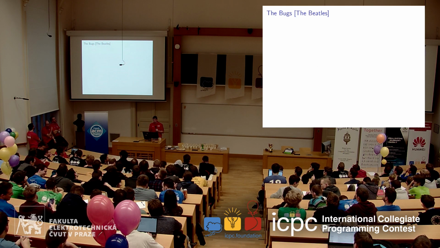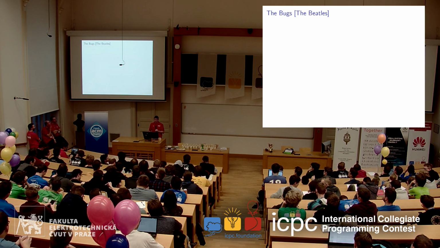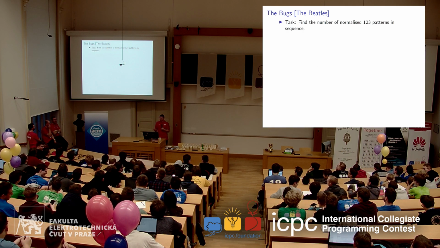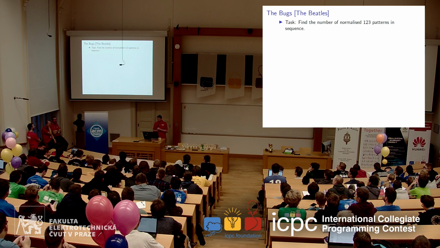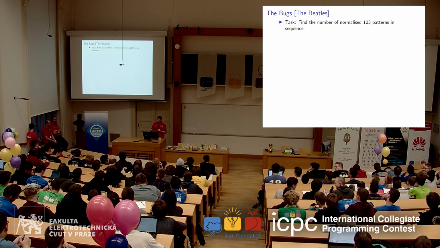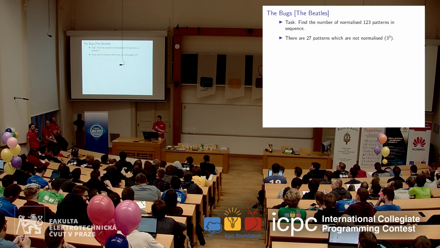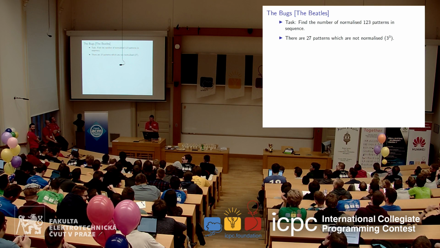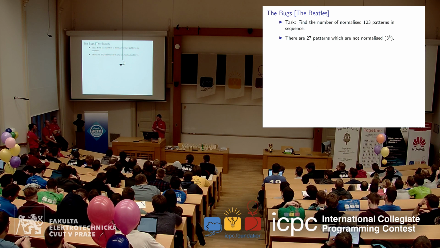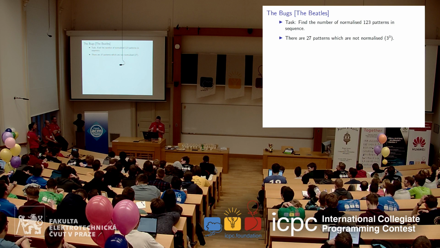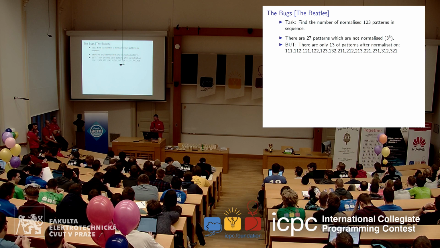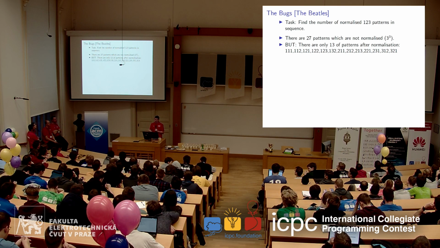Another problem was the problem of bugs, where the task was to find 1, 2, 3 patterns in an array, and we wanted only normalized patterns. So basically, if we don't normalize the patterns, there are 27 of them, since we can choose any number on any position, but if we take a closer look, there are only 13 patterns after normalization.